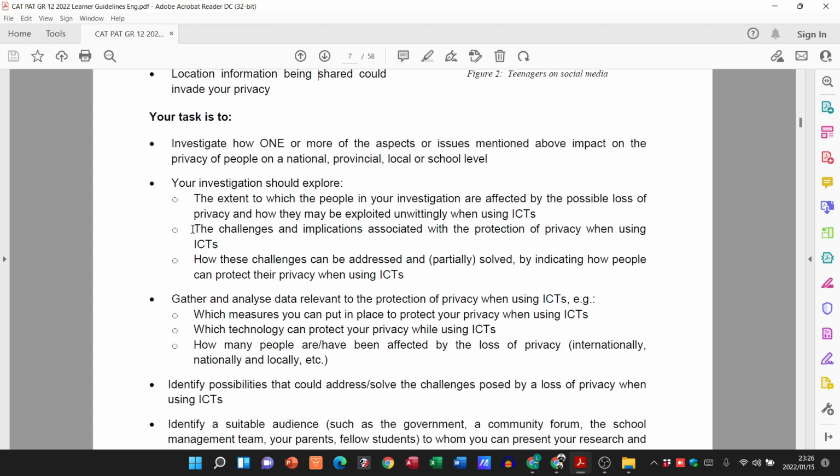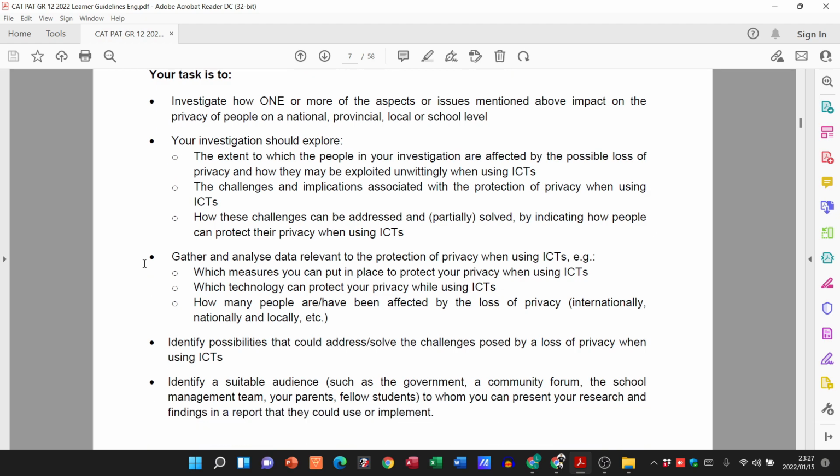Next one. You need to investigate the challenges and implications associated with the protection of privacy when using ICTs and how these challenges can be addressed and solved by indicating how people can protect their privacy when using ICT. So guys, they're telling you here exactly what you need to do.